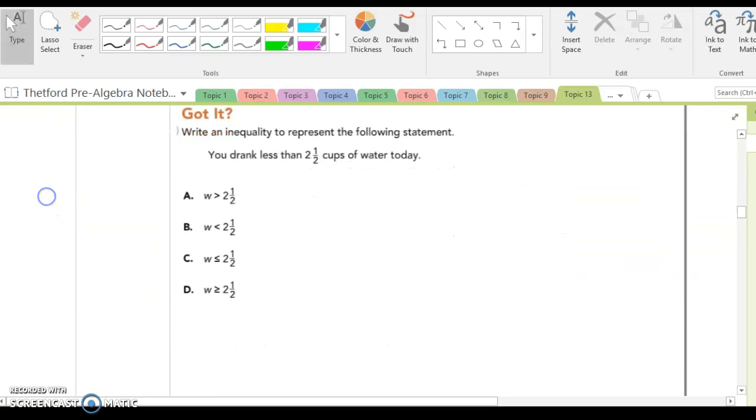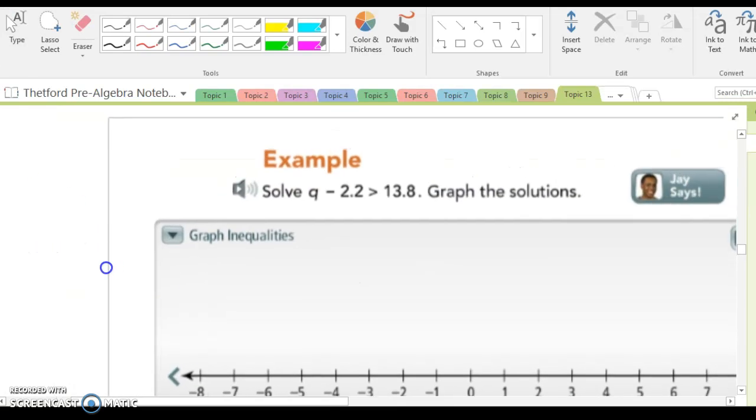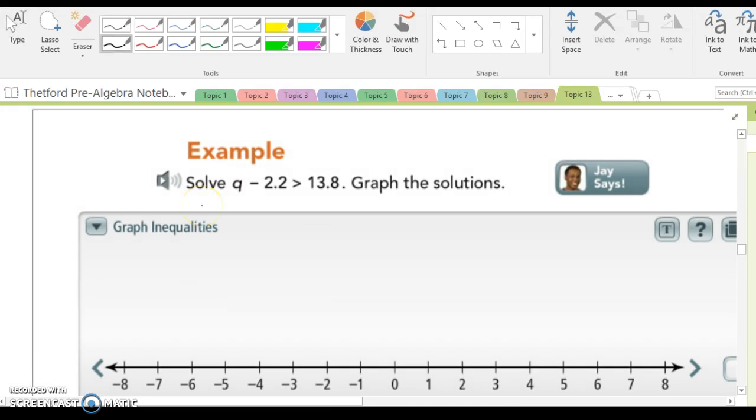Now we're going to get into actually solving inequalities. If I had a problem that looks like this, how could I solve my inequality so I could graph it? Because we can't graph it until I find my solutions. Just like we did last topic, if I see a subtraction sign, I'm going to do the opposite. So I'm going to add 2.2 to both sides.